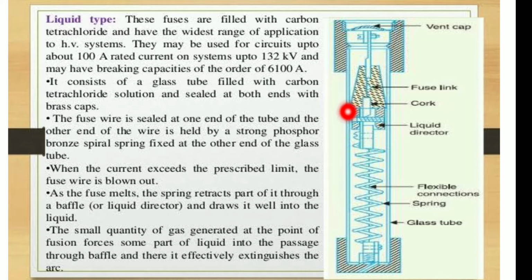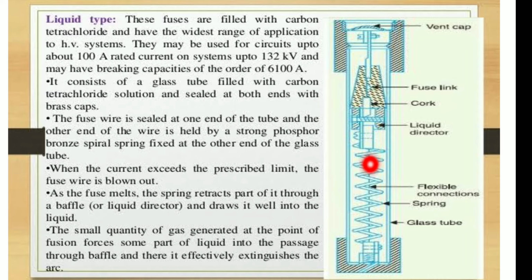The first point, what is there? These kinds of fuses, the liquid type fuses, are filled with which kind of solution? That is carbon tetrachloride, and they have the widest range of applications in high voltage systems. This kind of fuse is used in high voltage systems, and this fuse will be completely filled with which material?